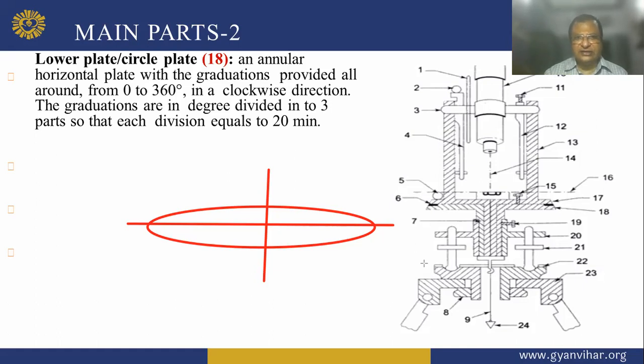The graduation is a degree divided into 3 parts of the division, 20 minutes each. Now you can move it in this direction and in this direction also. You can move in both directions also. Clear?